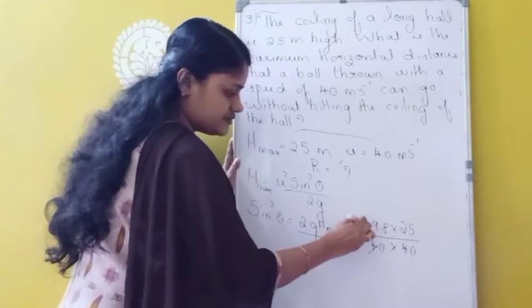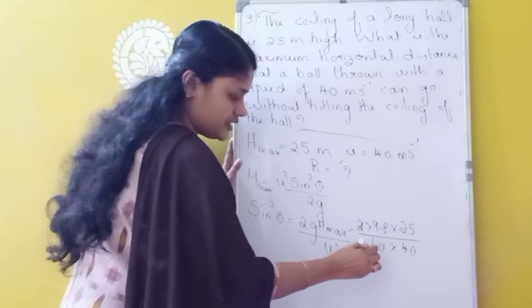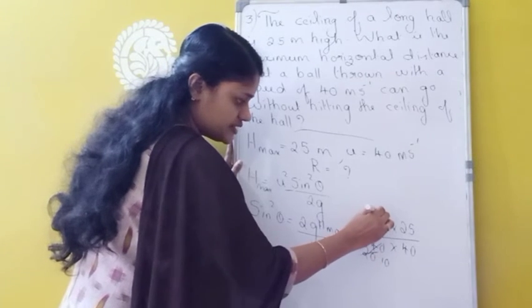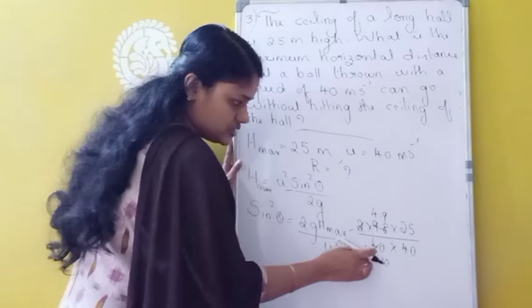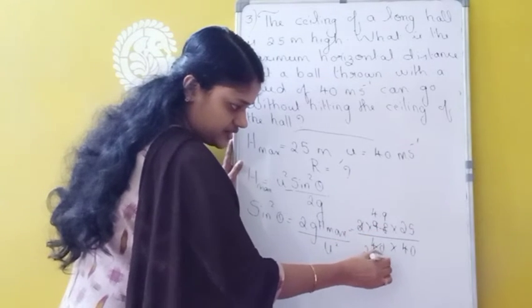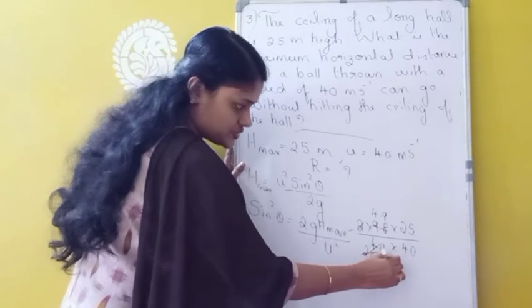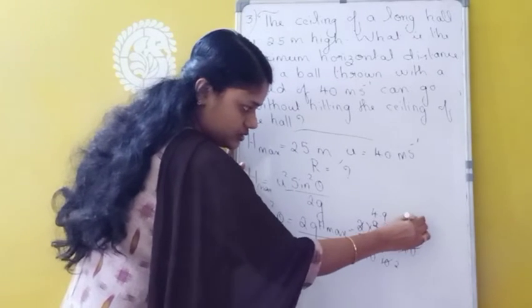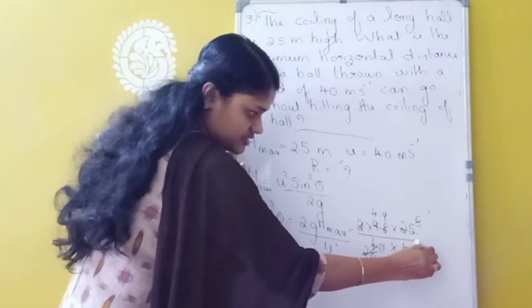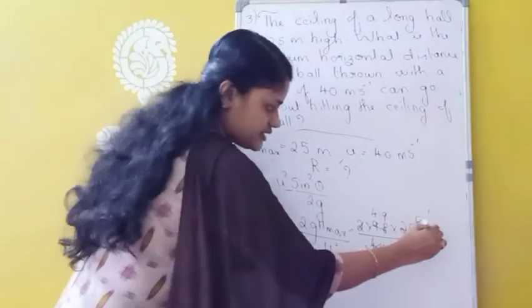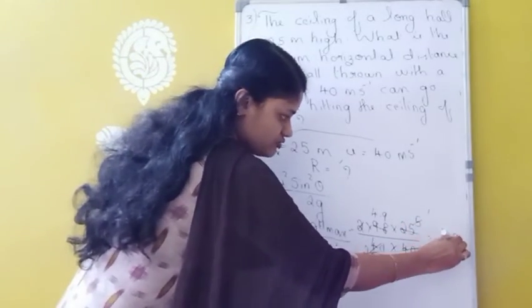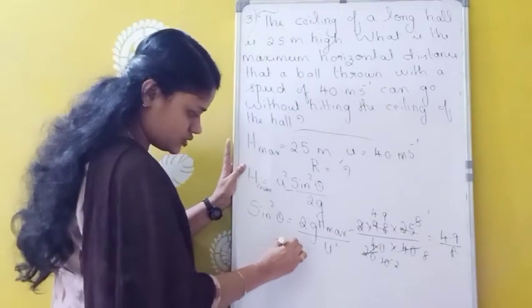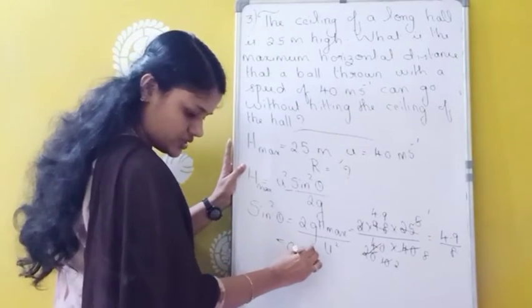Cancelling, 20 with 2 gives 10, then 4 twos are 8, 4.9 again. Again 25 and 10 cancel: 2 fives are 25, 1 five, 8 fives are 40. So 4.9 by 8, and in your calculation you will get 0.30625.